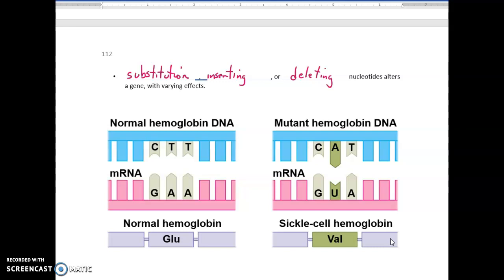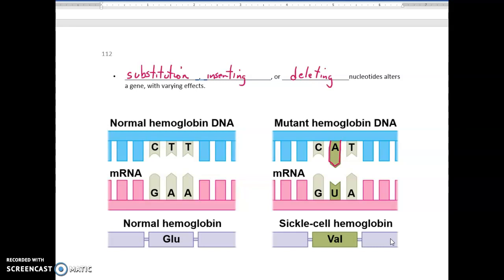Normal hemoglobin DNA has a CTT sequence at this particular location. If you have a mutation for sickle cell, instead of a T, you have an A at this particular location.